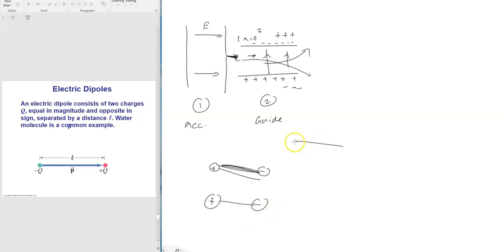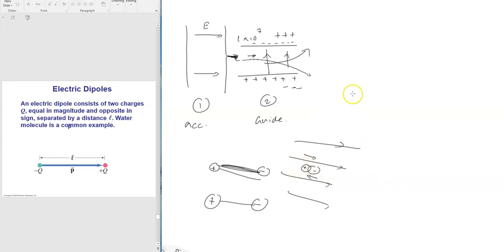Let's say there's an electric field and you place a dipole in this. A molecule won't look like this, it will be more like this, plus and minus. Now there is no net force on this thing because the charges are equal. The positive feels a force this way, but the negative feels a force in the opposite direction. So this thing is not going to move.